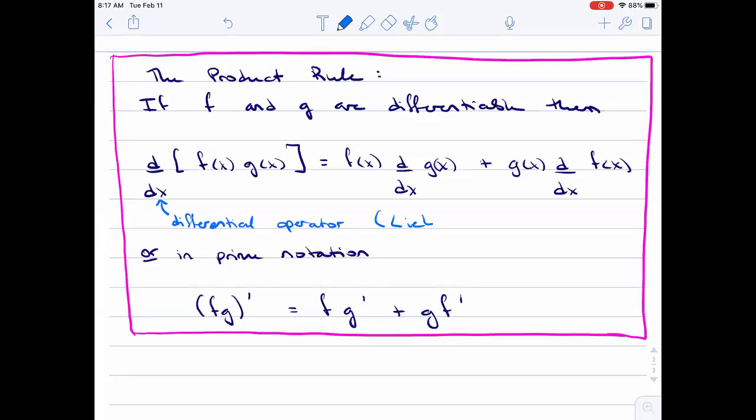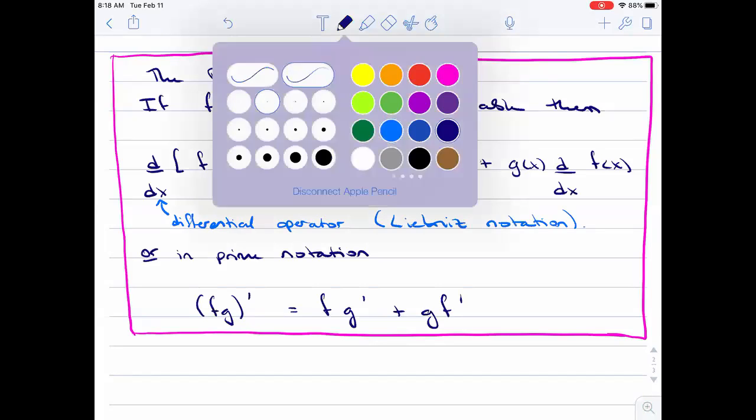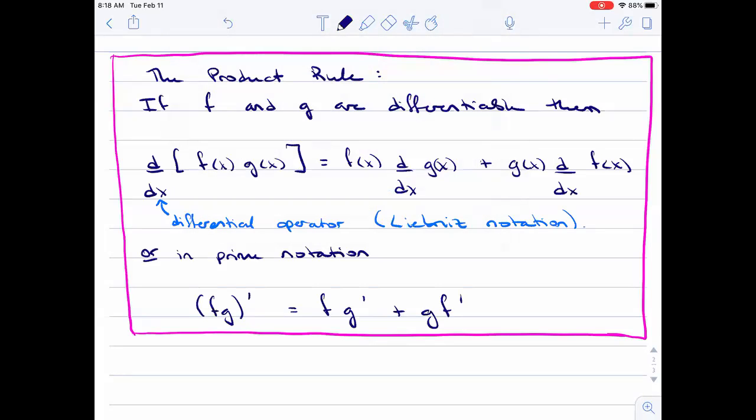It's the feuding Leibniz versus Newton notation, but we use both because we're fence sitters like that, so we use them interchangeably.